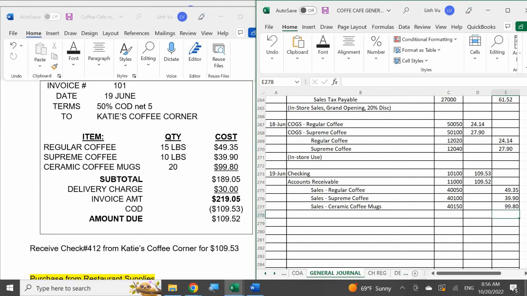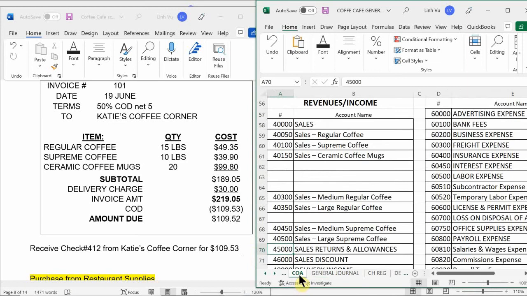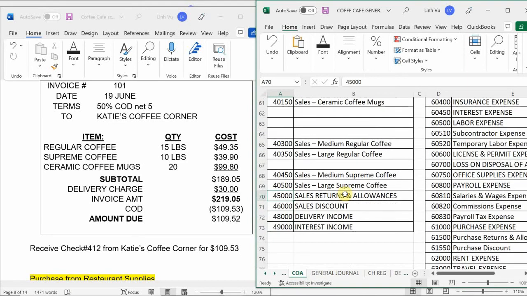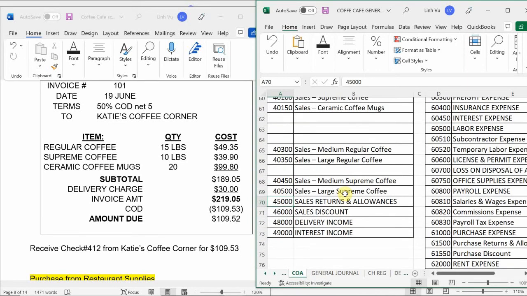So, what account can I use to represent the delivery charge? Freight. Not freight. Freight expense. Not freight expense, because why are we spending money for Katie?